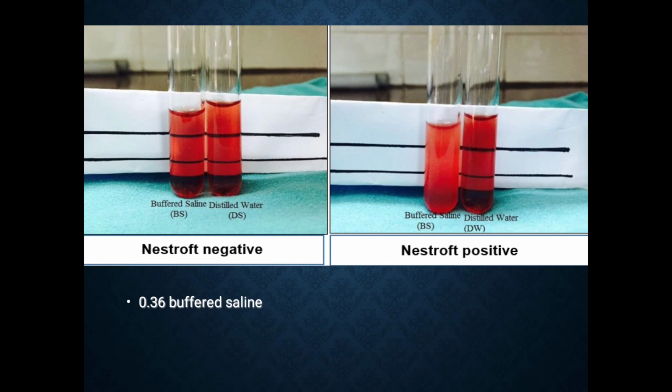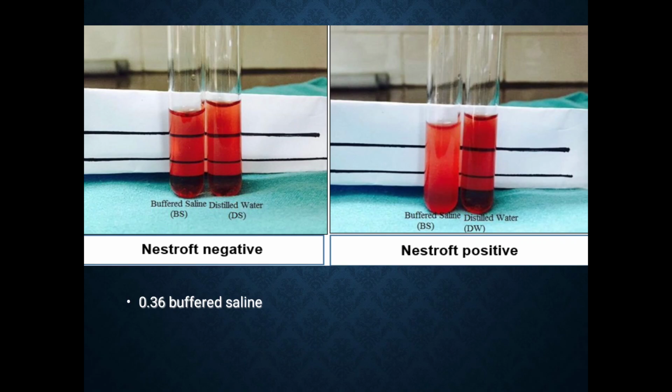You're going to take buffered saline and distilled water. In the positive test, the one that is blurred has the beta thalassemia minor patient's blood, and that will usually be very blurred because the cells are not lysed, so you won't be able to see the line behind.